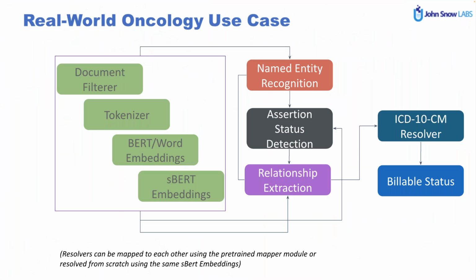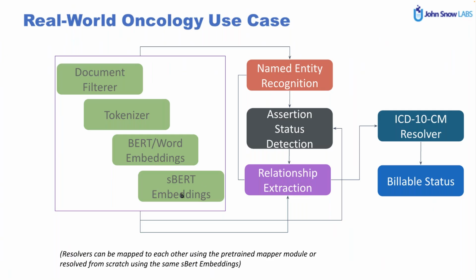First of all, we gather all the data and send it to the document filterer here. After filtering the documents which contain the metastasis entity, we will tokenize them and get the embeddings of each token to vectorize, right? And after vectorization, we will also need the expert embeddings for the sentence entity resolver models, actually.